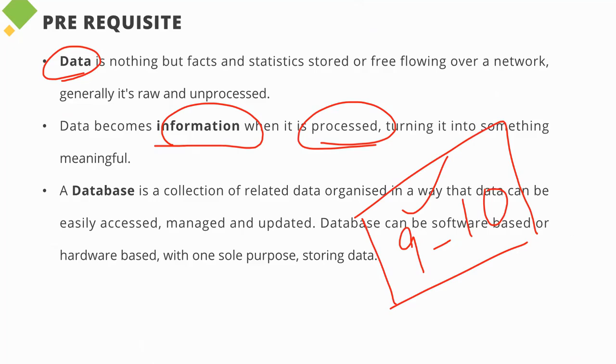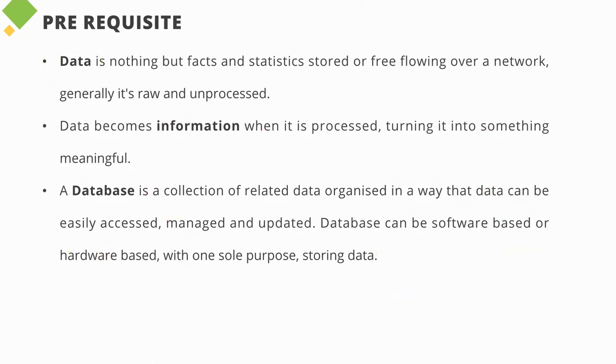If I make a collection of this data, with intervals from 8 to 9, 9 to 10, and 10 to 11, then this data completely is called a database. I have all the time intervals and the number of persons coming in and out. This is called the database, where you are collecting this data and information.